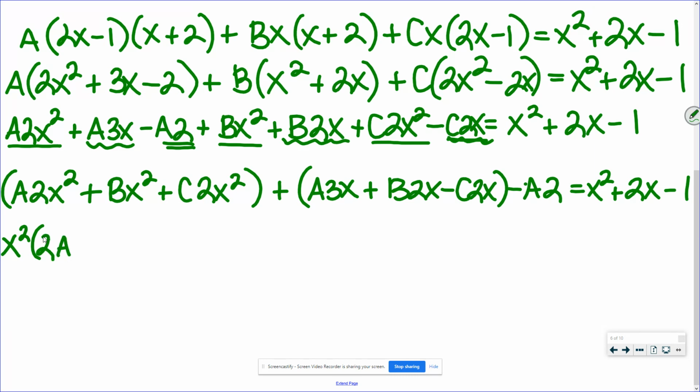So 2A plus B plus 2C. And I'm going to take out an x from the middle group, which would be 3A plus 2B minus the C. Oh my goodness, I just found another mistake.